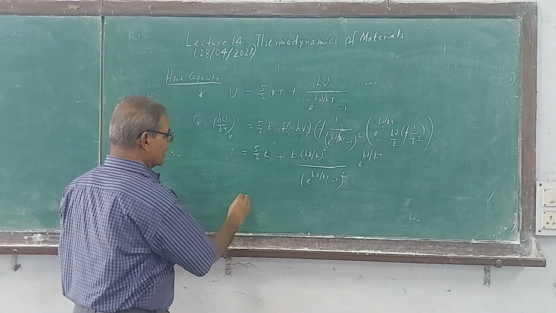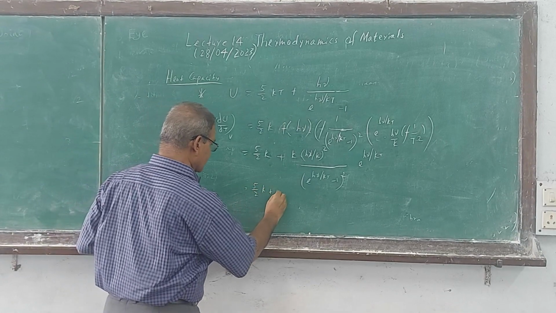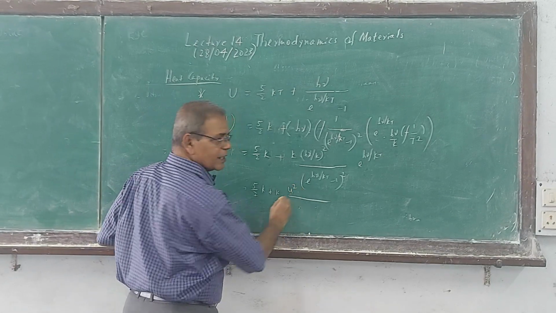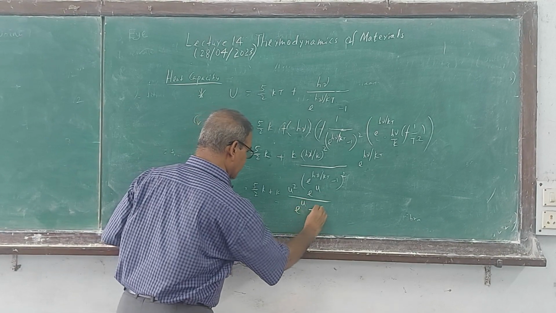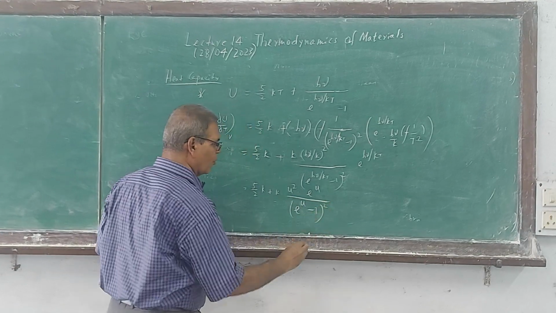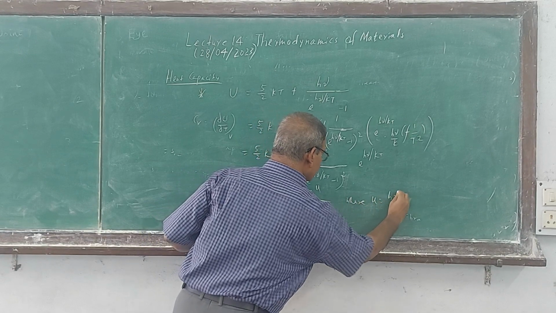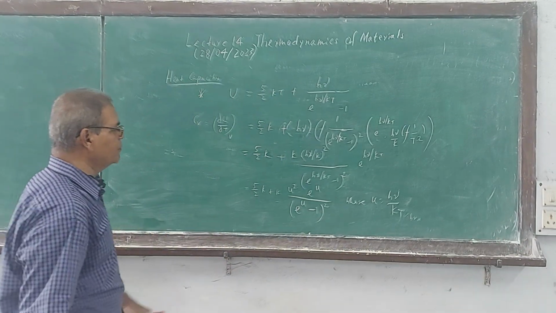Okay. So can I write this way? 5 by 2 k plus k. I am writing this way. This is maybe u square e to the power u, minus 1 squared. Take a look where u is h nu by kT. I made a mistake. Oh, I have not absorbed T square.